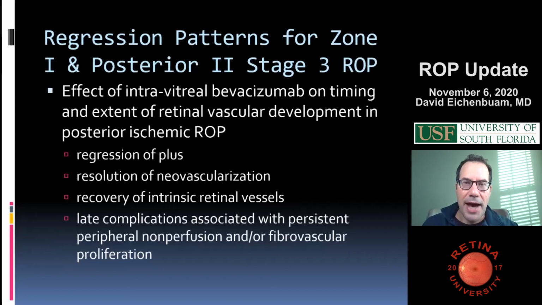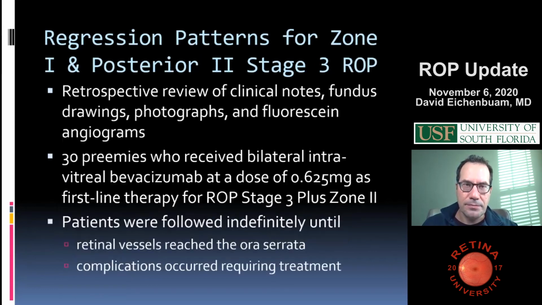The regression patterns, and this is what I was hoping that you guys had seen some pre and post treatment patients for, the regression patterns with intravitreal bevacizumab, with Avastin, are profound. A small retrospective review showed that the patients had a profound and rapid regression when injected with Avastin, and the dose is very small in these patients.